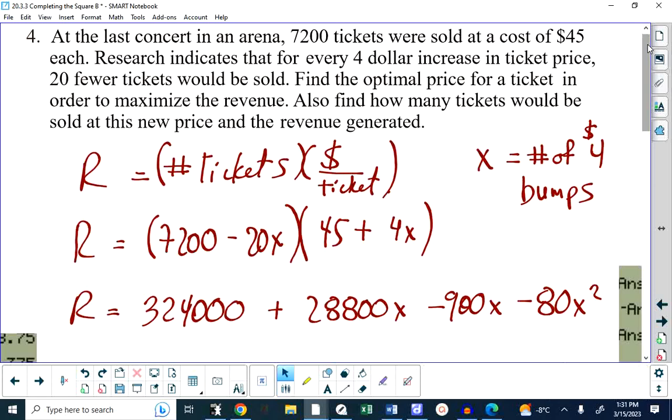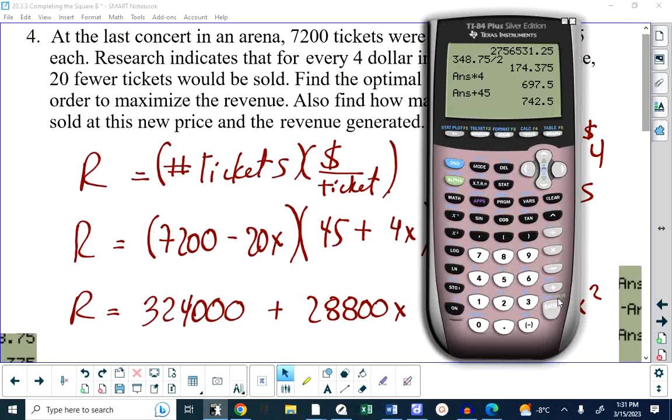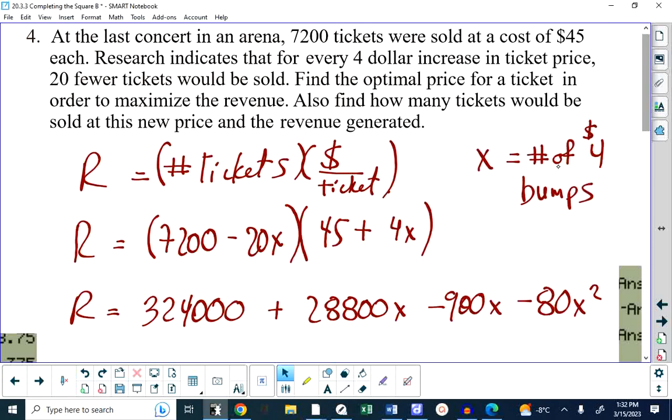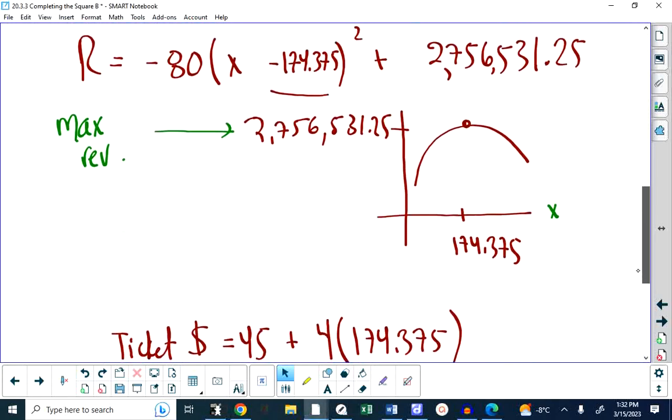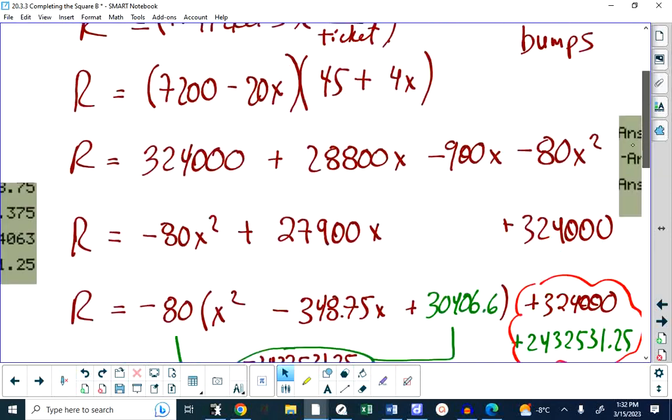So if we take 7,200 minus 20 times that 174.375. Let me check what we got. 174.375. Okay.